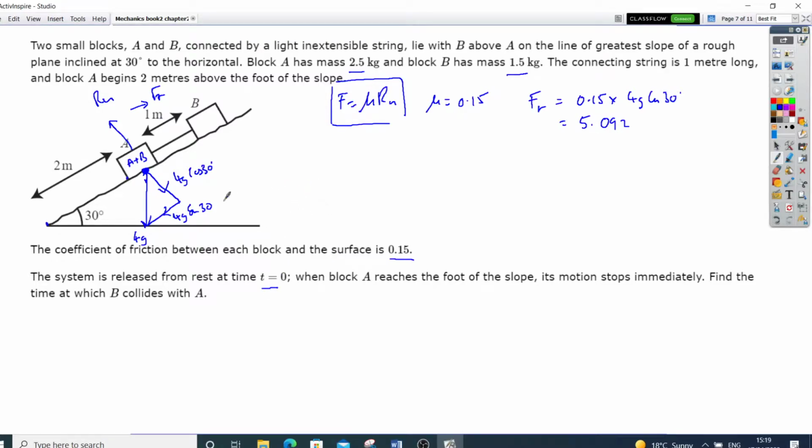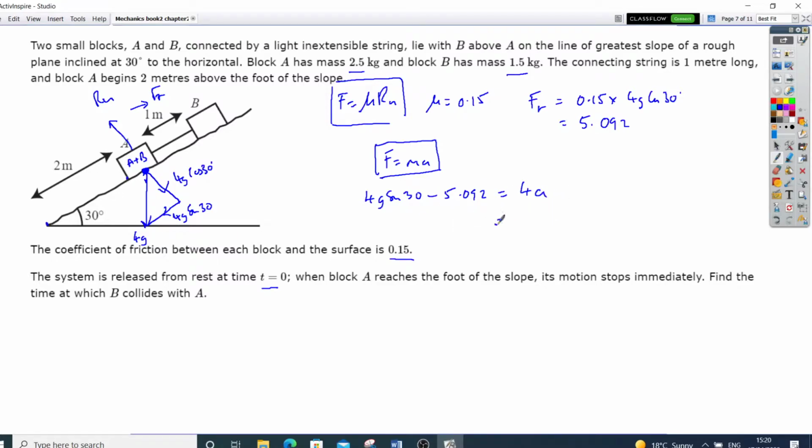So let's look at the force coming down. Force equals mass times acceleration. So that's coming down with 4g sin 30. Opposing it in motion is friction, 5.092, and that is equal to total mass 4 times acceleration.